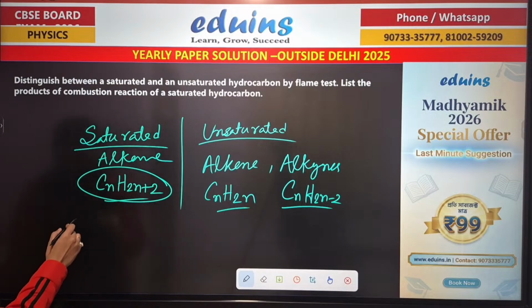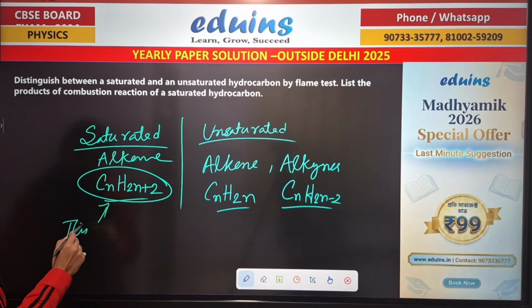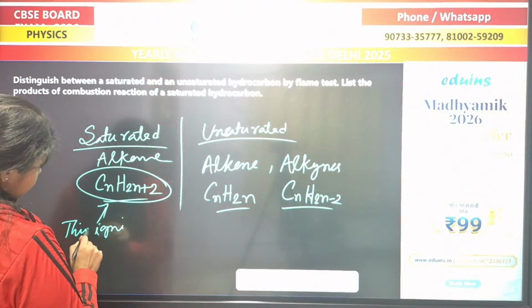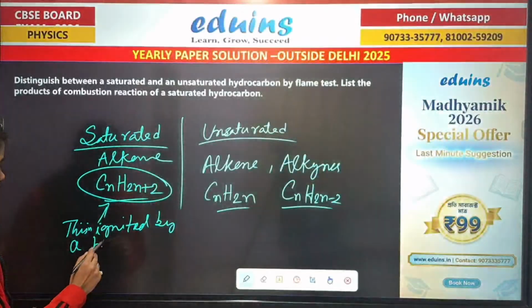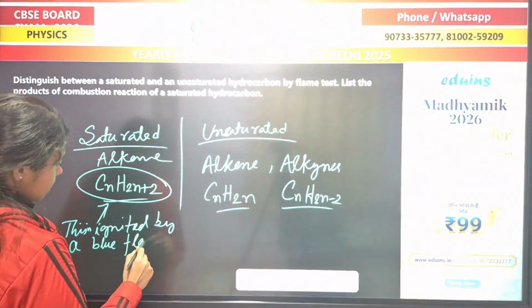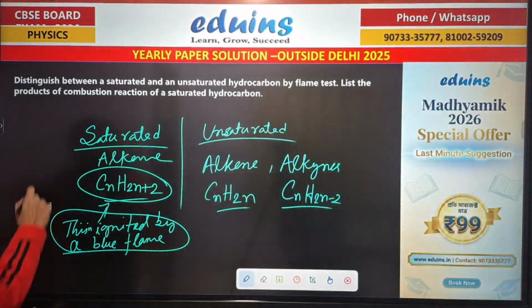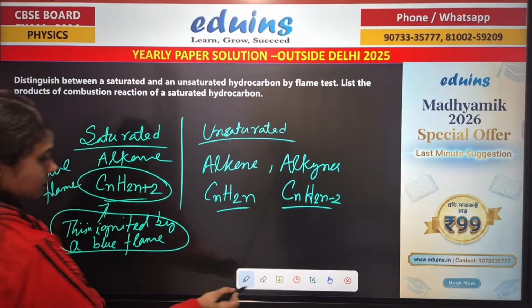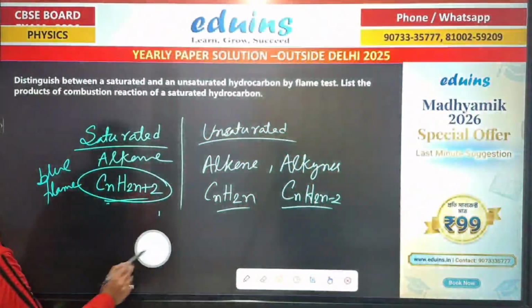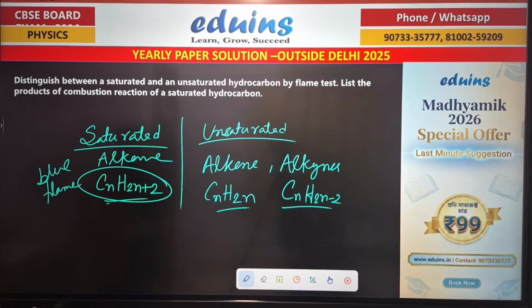By taking a flame test, this is ignited by a blue flame. So this produced a blue flame. That's how we know this is the saturated alkane. So, it produced a blue flame.